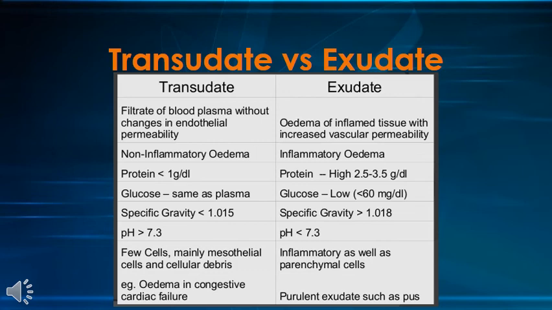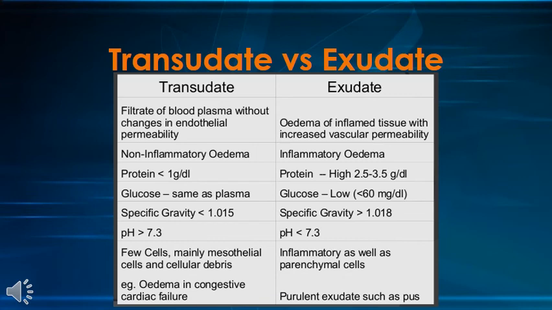So when inflammation occurs, fluids move out from the blood vessel into the interstitial spaces. During this process, vascular permeability increases due to inflammatory mediators. Okay, so in infection, in inflammation, due to vasodilation or increased vascular permeability, fluids move out from the blood vessel into the interstitial space. Mostly it will be exudate fluid.